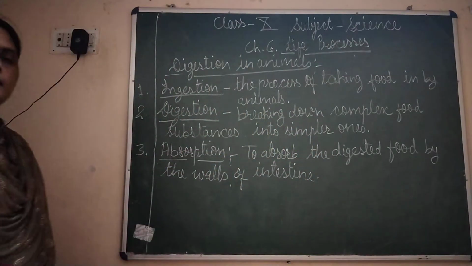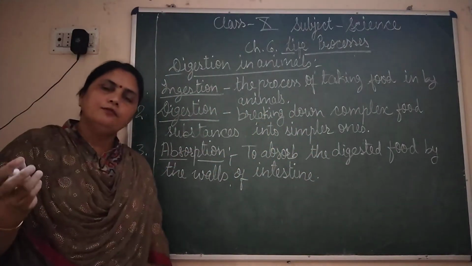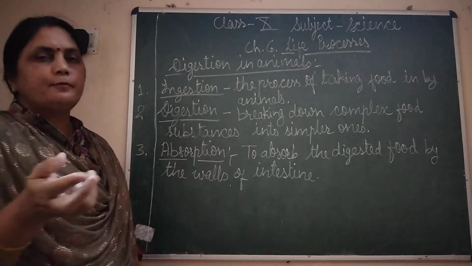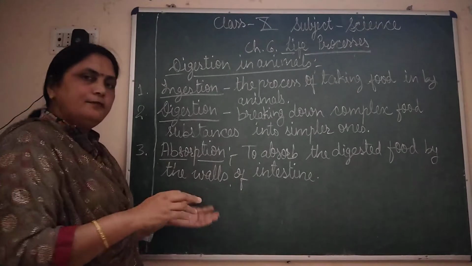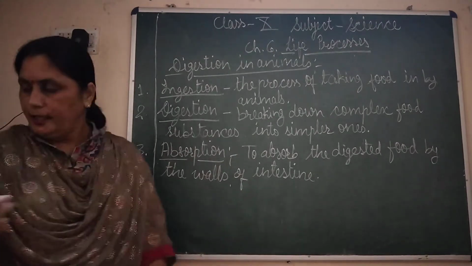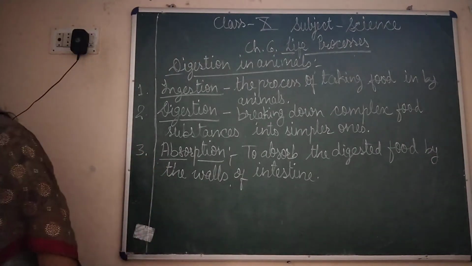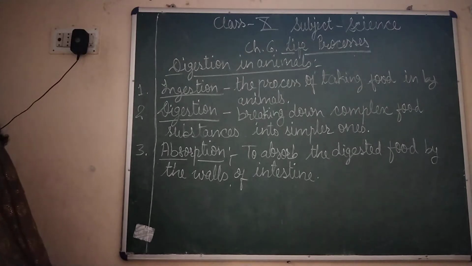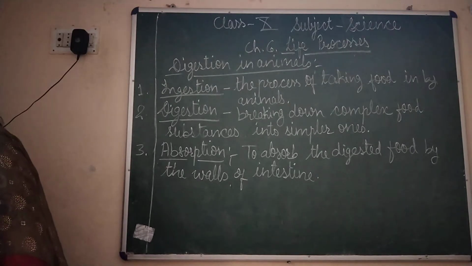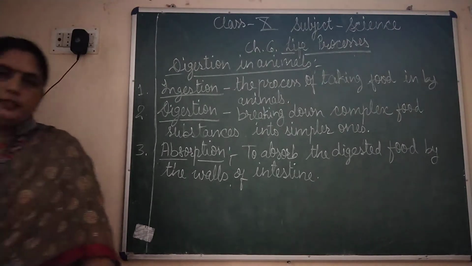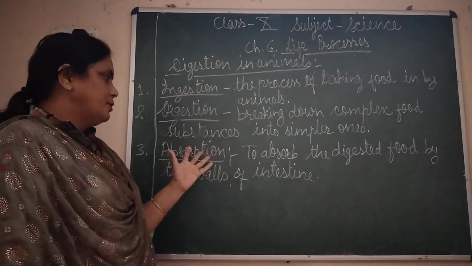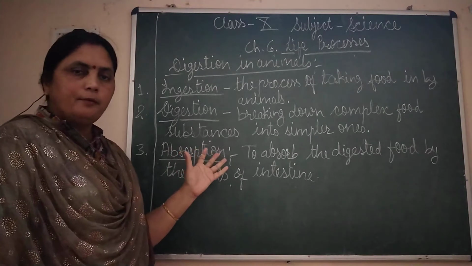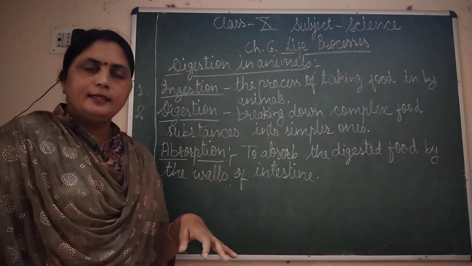And inside the intestine there is a dense network of blood capillaries in which blood is filled. So with blood the digested food will reach each and every cell. The blood will carry and circulate this digested food to each and every cell. So by absorption the digested food is absorbed by the walls of small intestine.